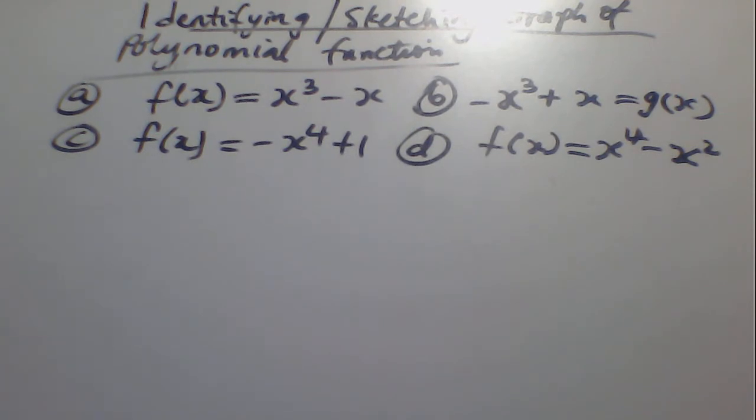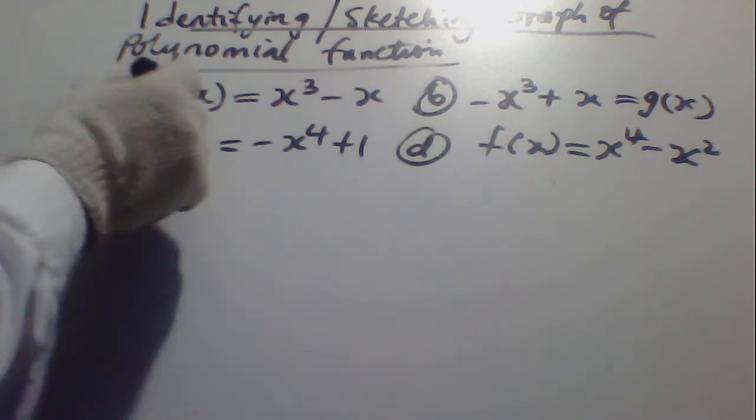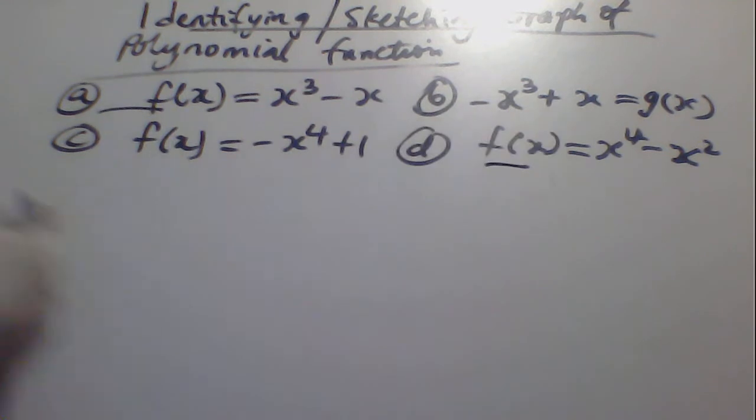If you are given these functions, you are required to sketch or plot them on graph paper and then determine the type of function they are. In this case, I will do A and D for you, so you can try B and C. If you have any question, you ask me later, then I will clarify the solution.